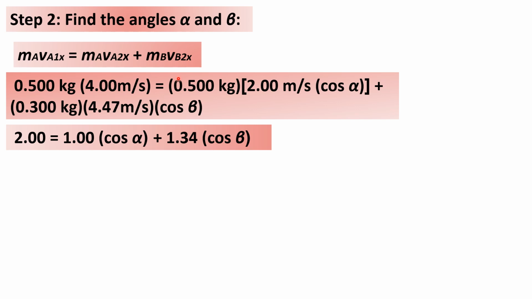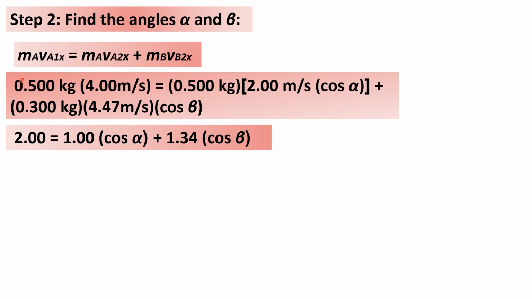And then for the last term, the x component of the final velocity of particle B, we have the mass, which is 0.300 kilogram, and its final speed, which is 4.47 meters per second. This was earlier calculated in step 1. And since we're referring only to the x component, we use again the cosine of the angle beta.